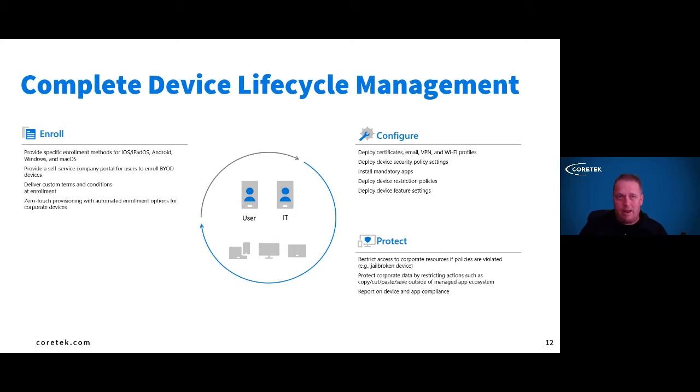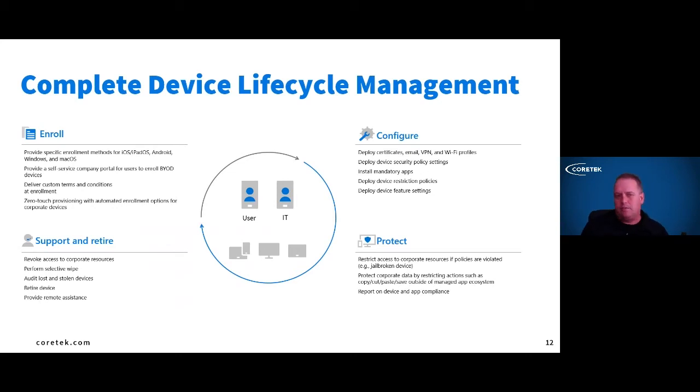And then the fourth, and arguably one of the most important aspects of this that gets overlooked so often, is the retirement of devices, support. What happens throughout this entire lifecycle management? We do a lot on the enrollment side because that usually affects the users. Configure and protect, we've always done because we have to protect the data and we need to make sure that we're pushing whatever configurations.